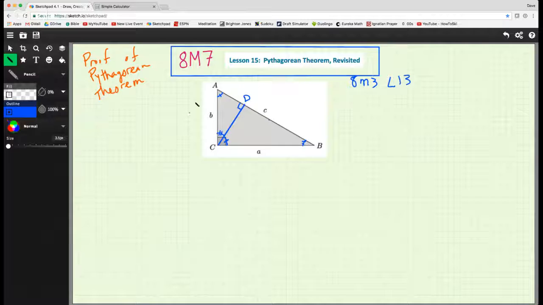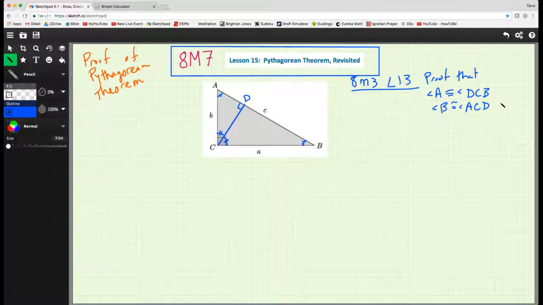And I'm not going to go into the full-on proof of that. Again, here's the proof that angle A is congruent to angle DCB, and angle B is congruent to angle ACD.